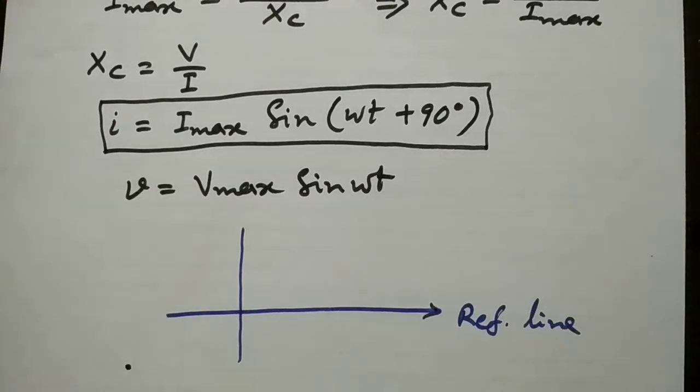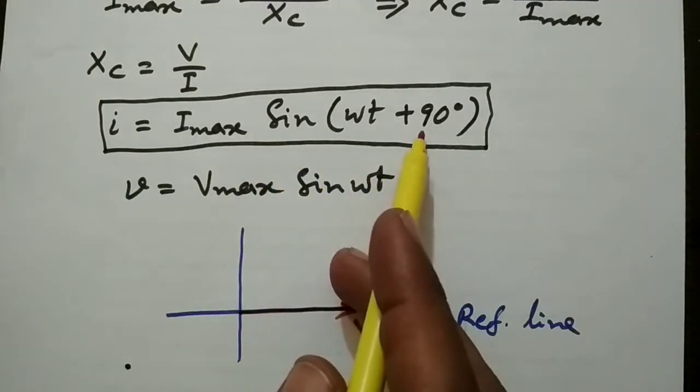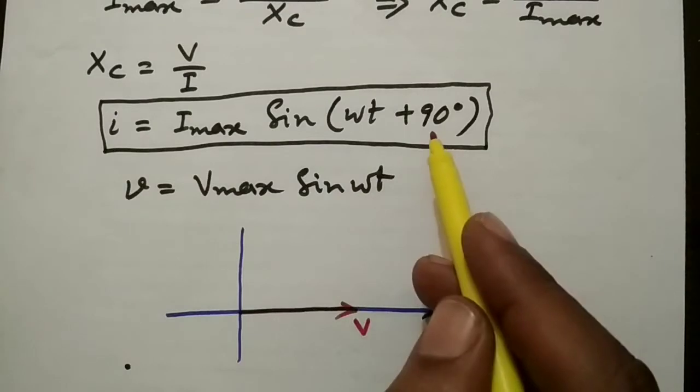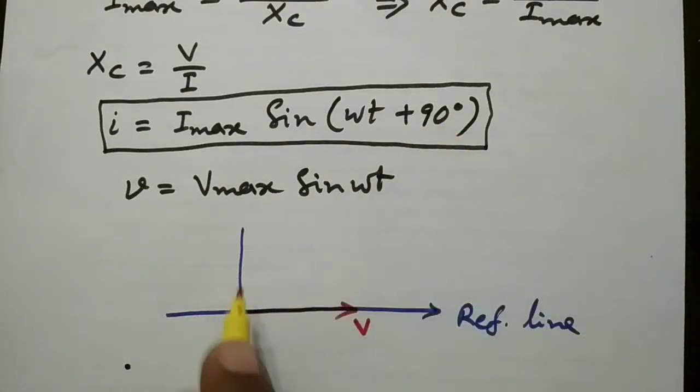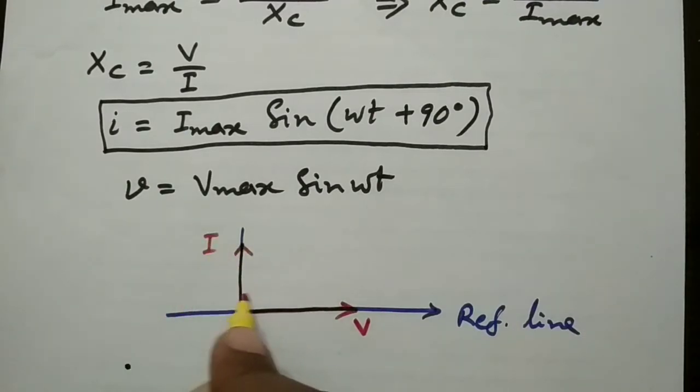So here the V will be along the reference line. And the current is Imax sin(omega t plus 90 degree). That means the phase of the current is 90 degree. Therefore the current will be leading the voltage by 90 degree.